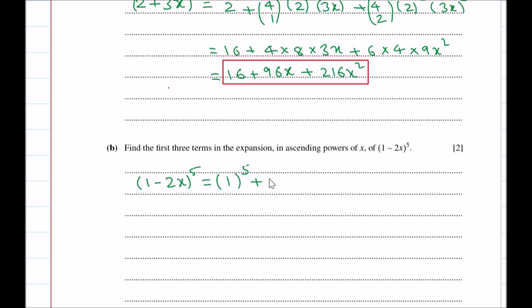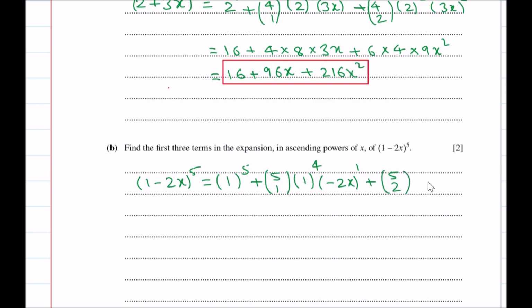plus, now this time we will get 5C1 for the second term. So 5C1 into first term 1. Now here 1 is having power 5, so there comes 4, 1 less. And the second term is negative, so here will come minus 2x, power 1. Next, plus, the next term is 5C2.